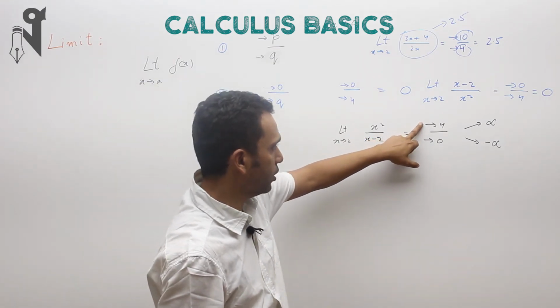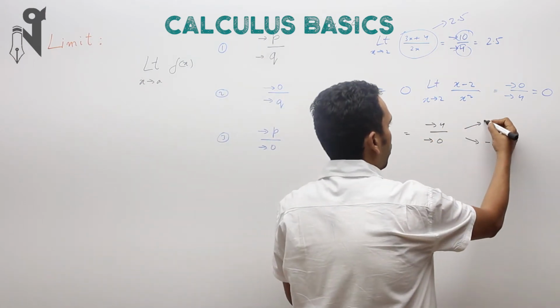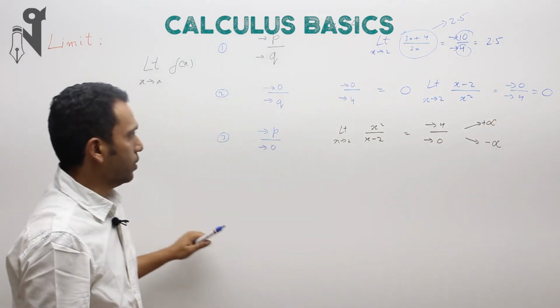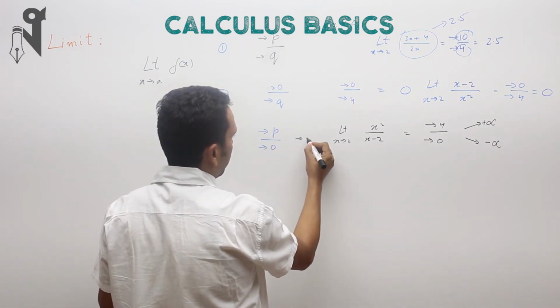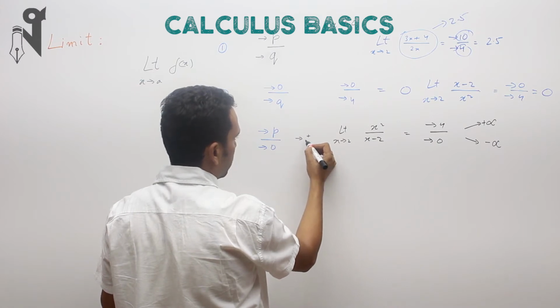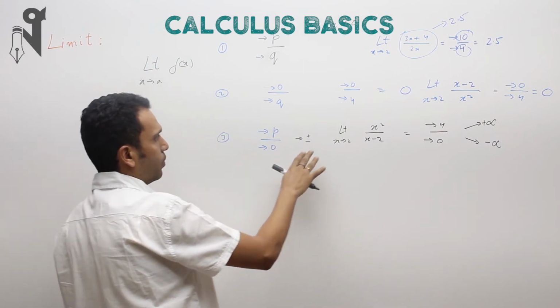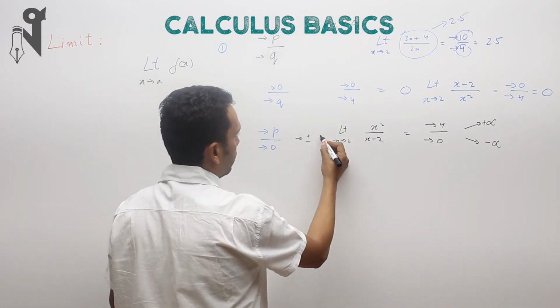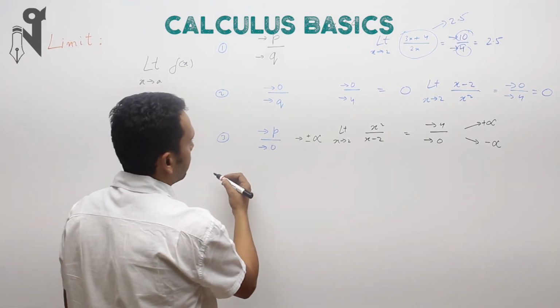The above one is positive. If the lower one is positive, it is plus infinity. If the lower one is negative, it is minus infinity. So when this is the case, your answer tends to plus or minus infinity, not both. We should have a well defined thing, whether it was from the left hand side or right hand side.